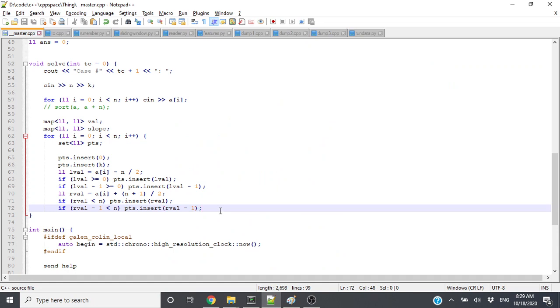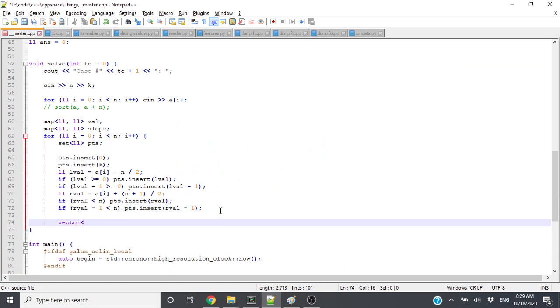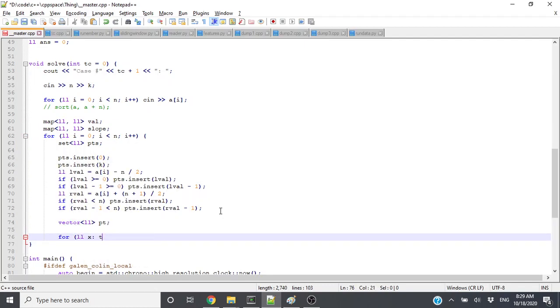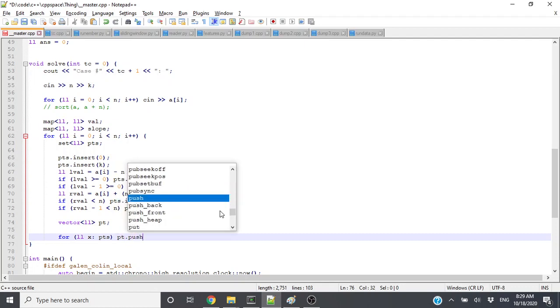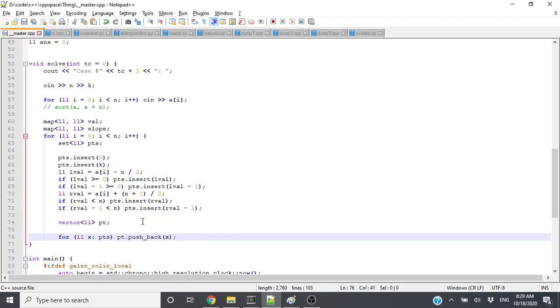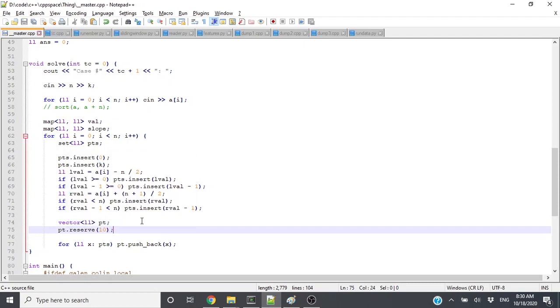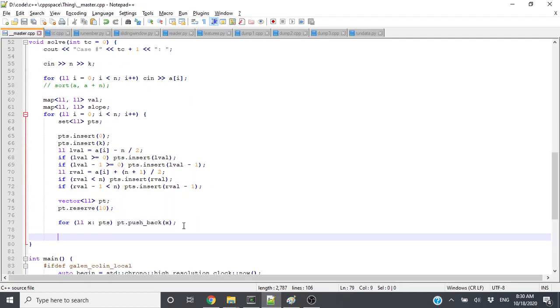It's gonna have a mega constant. Whatever. And we'll make a vector because that's easier. Give it a bunch of space because it doesn't matter. Point.pushback x, okay.